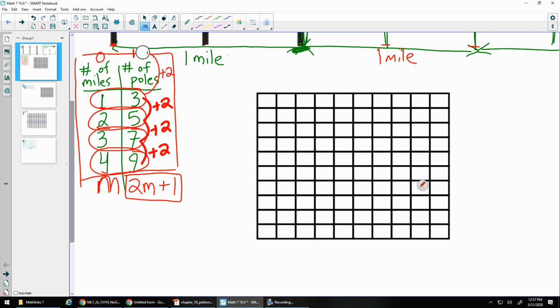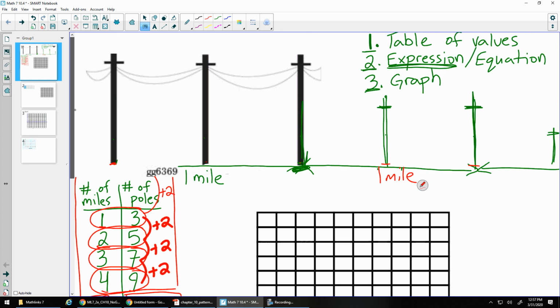Now, one good question is, well, how do you know which one's y and which one's x? So x is usually the independent variable. We've talked about this. So that's the one that isn't changed by the other value. And so it's sometimes sort of hard to figure that out in certain situations. But when I think here to my telephone poles, if I have 5 telephone poles, well, that tells me how long that would be stretched over.